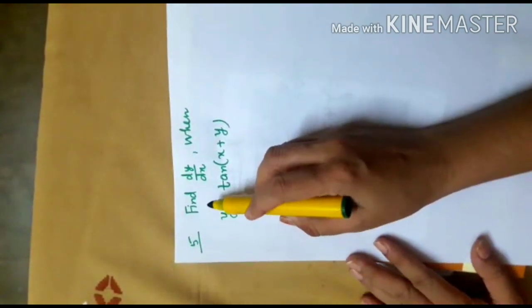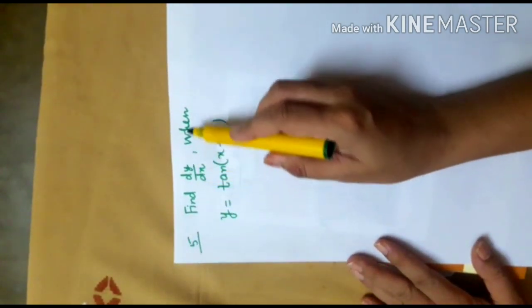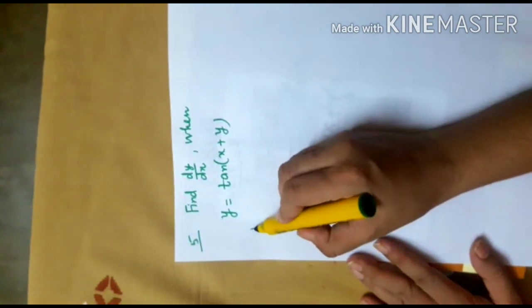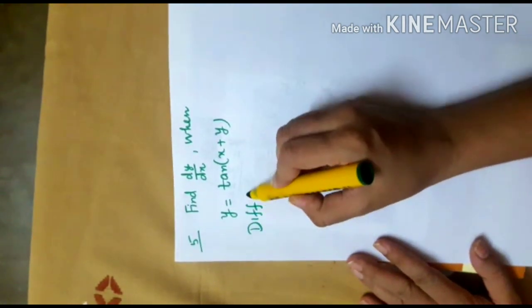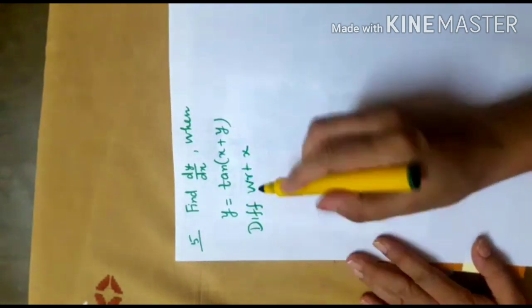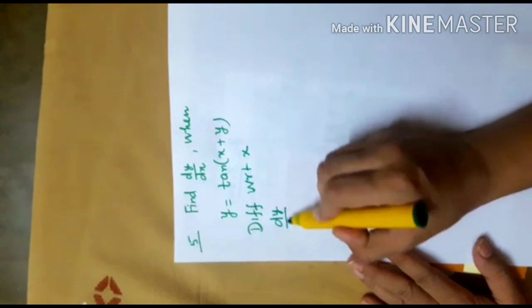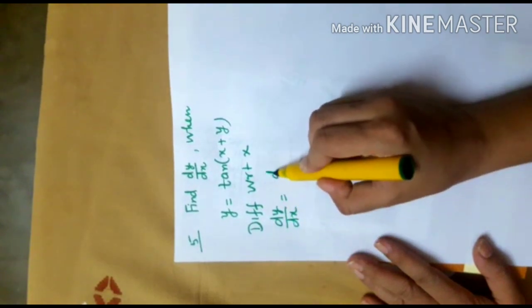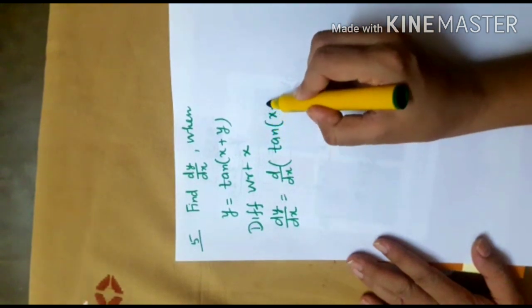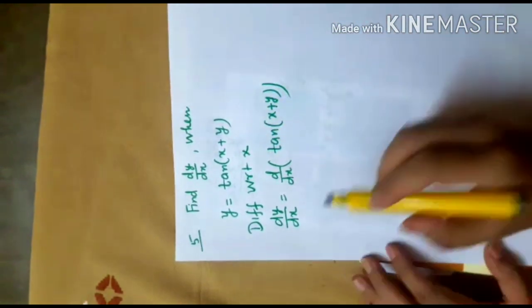Let's take another question. Find dy by dx when y is equal to tan (x plus y). Yes, differentiate with respect to x, both sides. So here I'll get dy by dx equals d by dx of tan (x plus y).